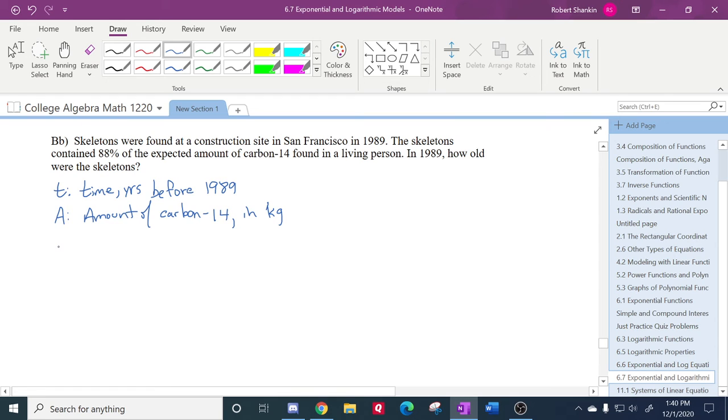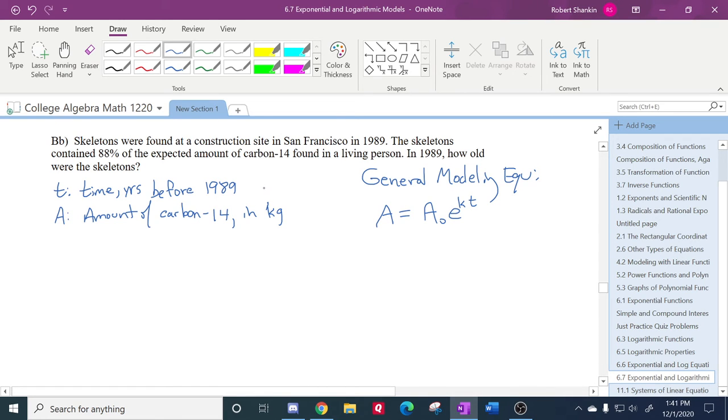And what we're going to do is the general modeling equation. We know that the amount of carbon-14 decays exponentially, so we use the general modeling equation: A equals A0 e to the kt.